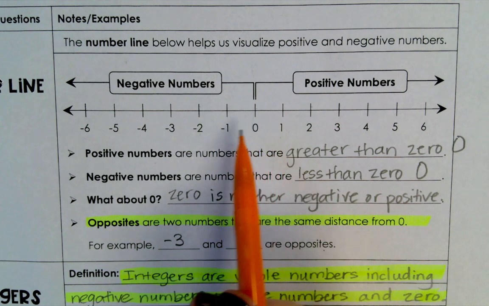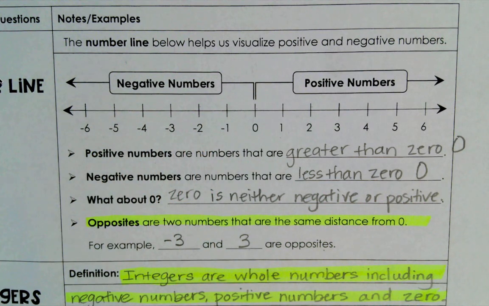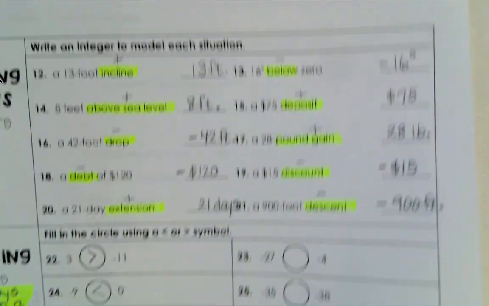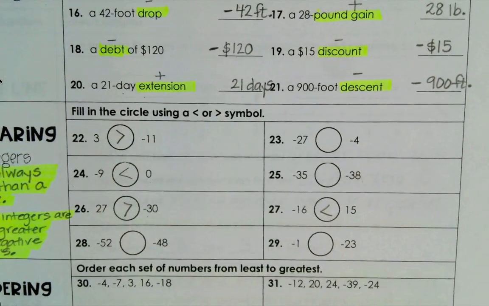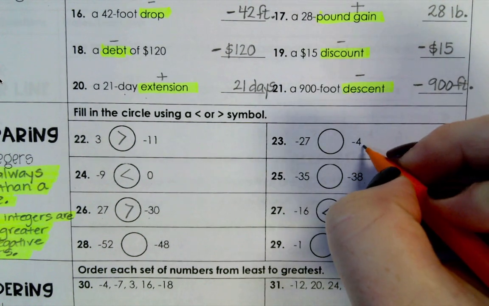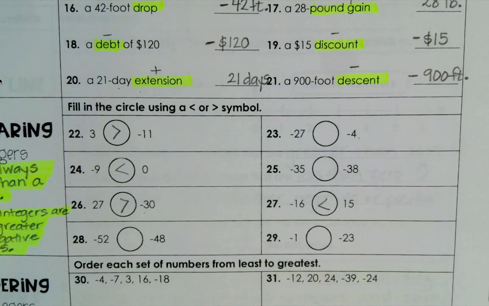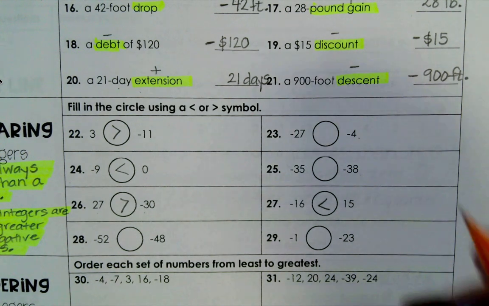It's greater than the ones moving further away from 0. So if I were to look at negative 27 and negative 4 on a number line, negative 4 is closer to 0, so negative 4 would be greater.